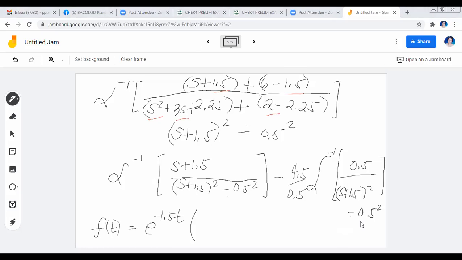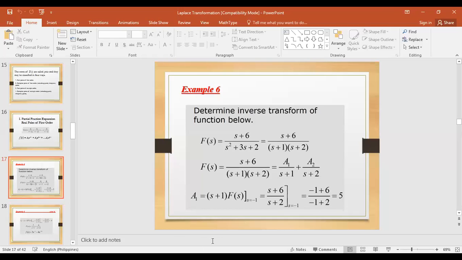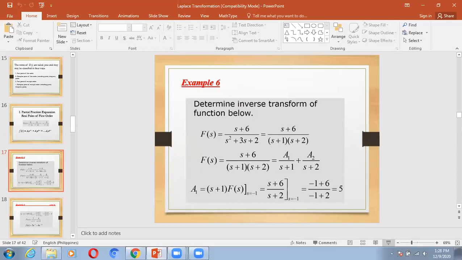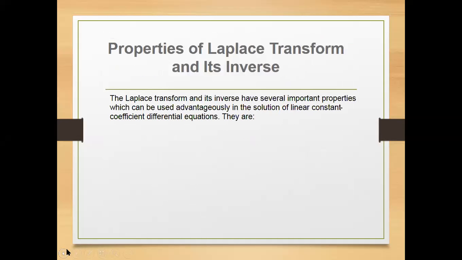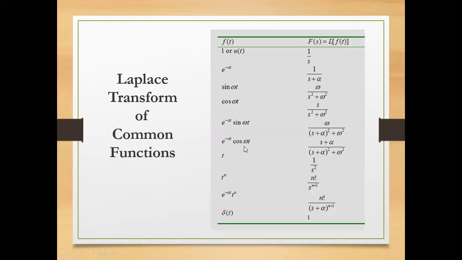Okay, I'd like to go back to my table. You see this formula, class? Sine and cosine, positive and negative. If you change the positive here into minus, same thing here, instead of the sine and the cosine, it will now become hyperbolic sine, hyperbolic cosine.